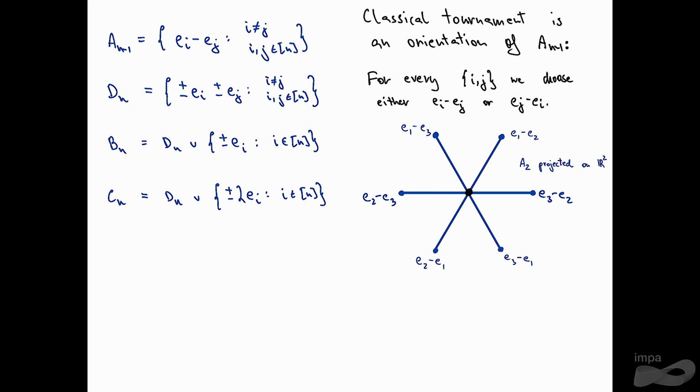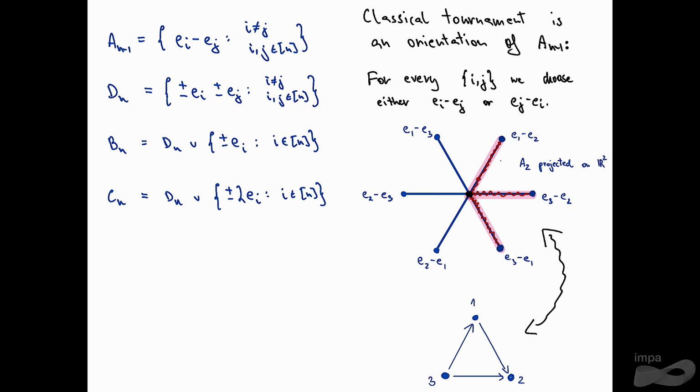When you build a tournament corresponding to some orientation of the root system, you can think that out of every pair of vectors in the root system, you choose one. This is the way you orient the edge between the two players in a tournament.